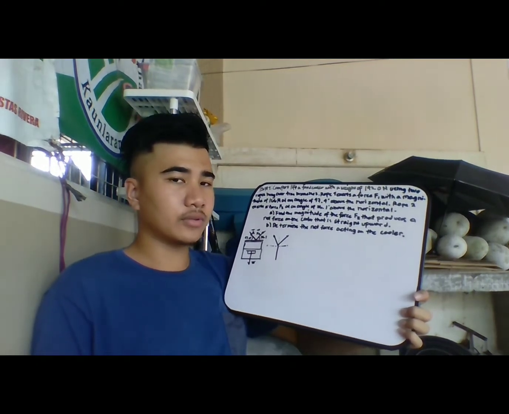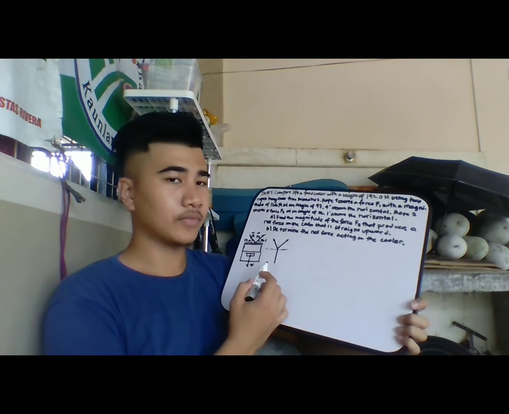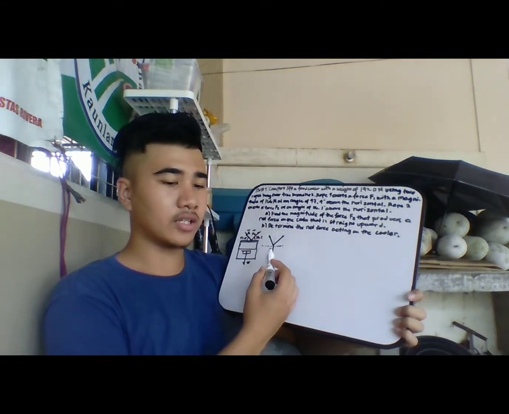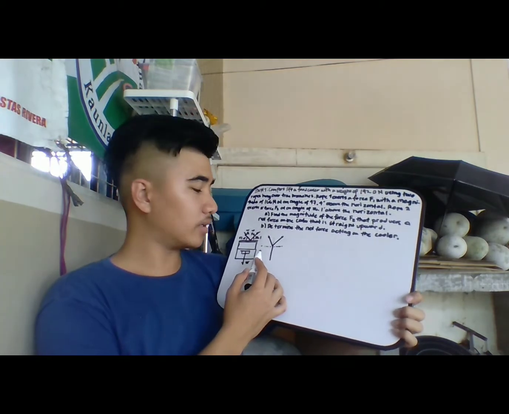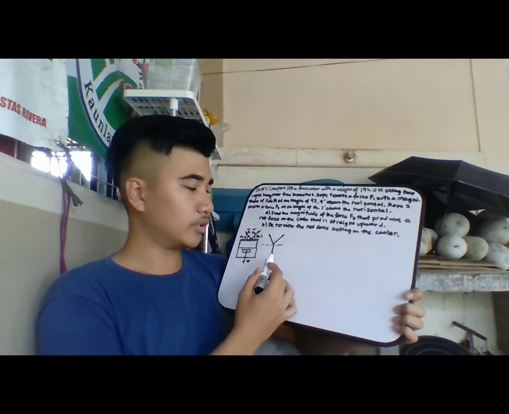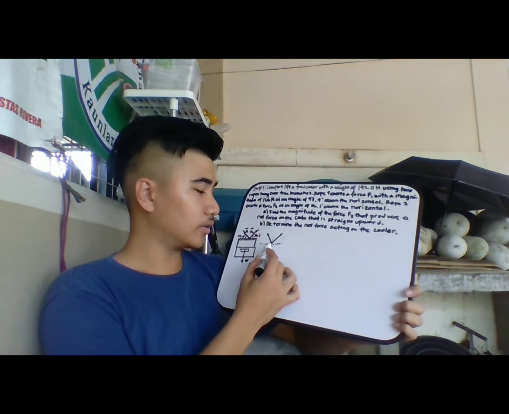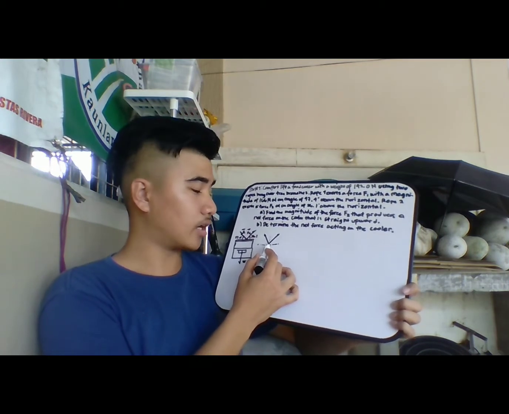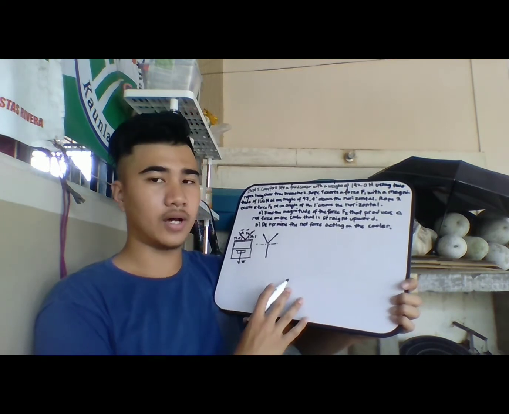In forces in two dimensions, the best way to solve is using the free body diagram. So we know the forces acting on the object, which is the cooler. For the free body diagram, we convert the object into just a point, here. And this is our coordinate system, x and y.